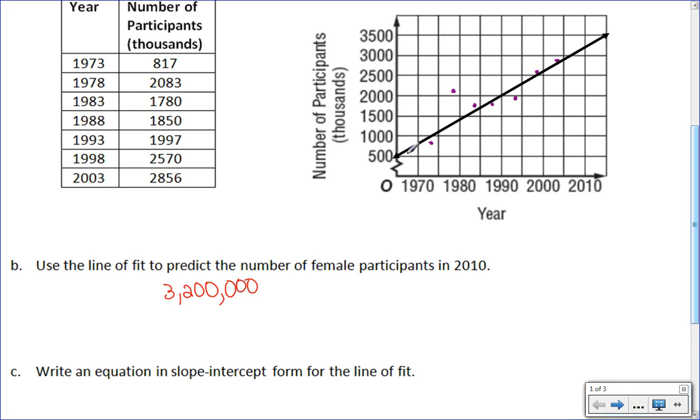So I see that there's a point right here that's on that line, and a point right here that's on that line. So those are the 2 points I'm going to use. So this point is 1990, 2000.